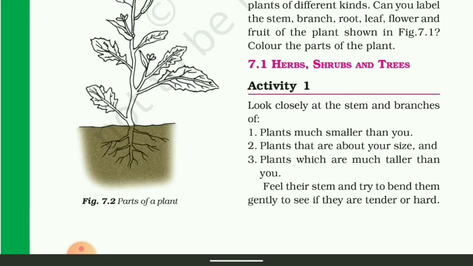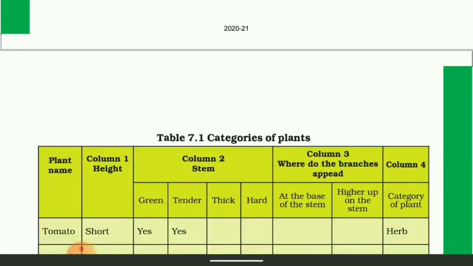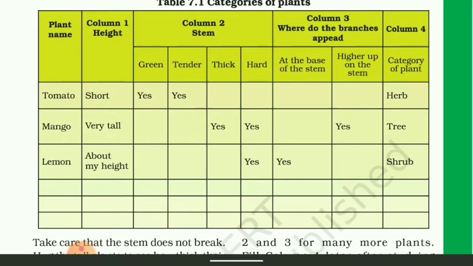Look closely at the stem and branches of: first, plants much smaller than you; second, plants that are about your size; and third, plants which are much taller than you. Feel their stem and try to bend them gently to see if they are tender or hard. And this is table 7.1, categorize of plants: tomato short, mango very tall, lemon about my height.